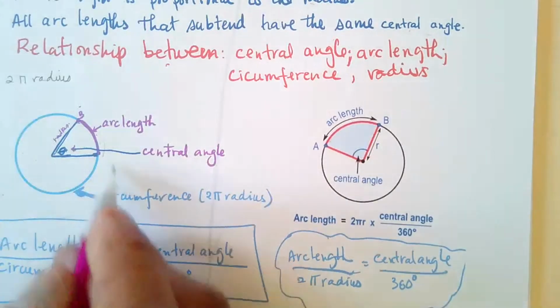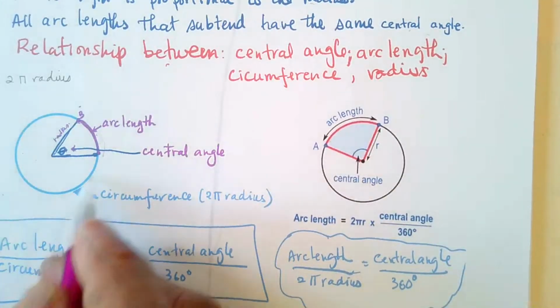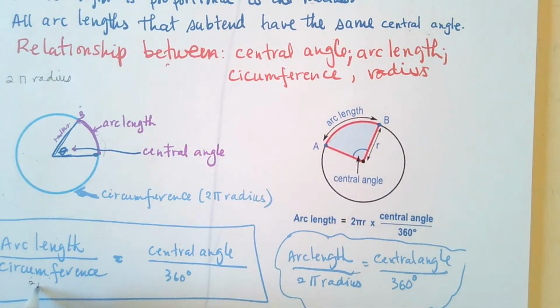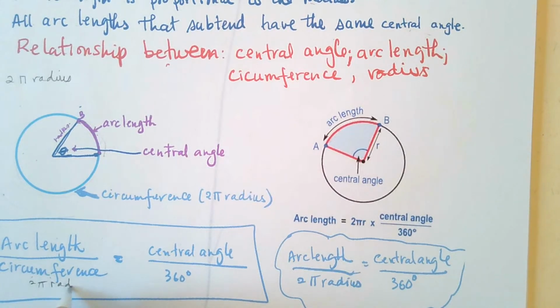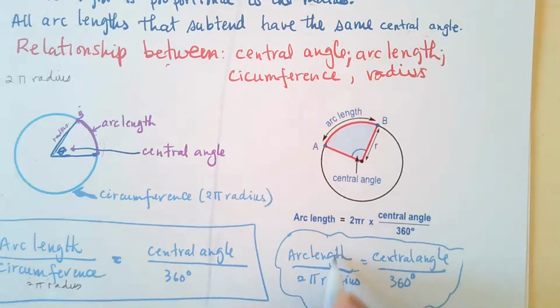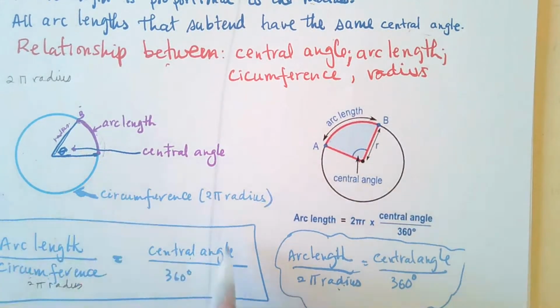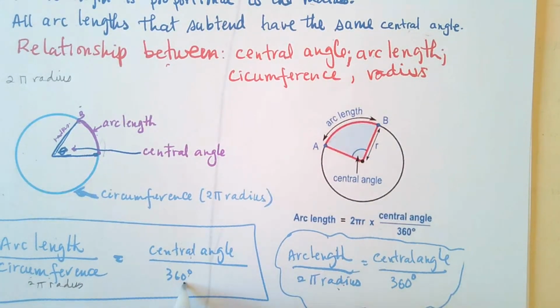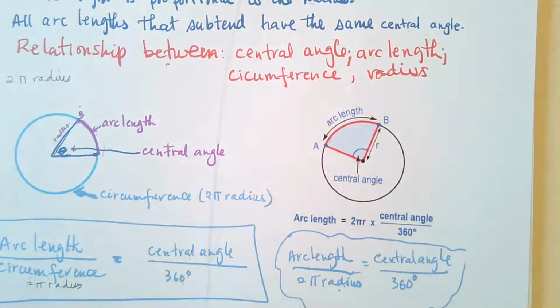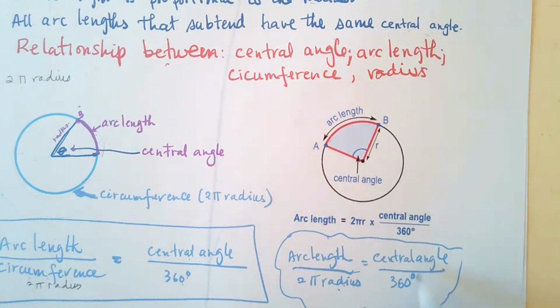So if we replace the circumference with 2 pi times the radius, we have arc length over 2 pi times the radius. The central angle, which is this angle here, is proportional to 360 degrees. So we have the central angle over 360.